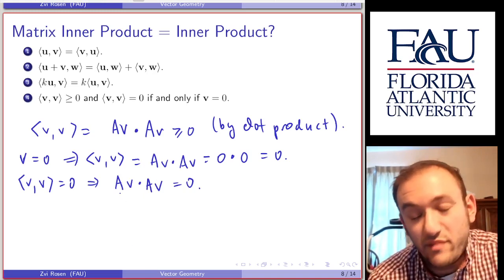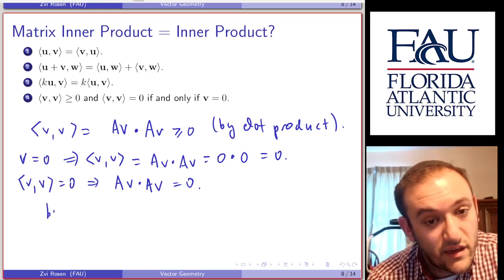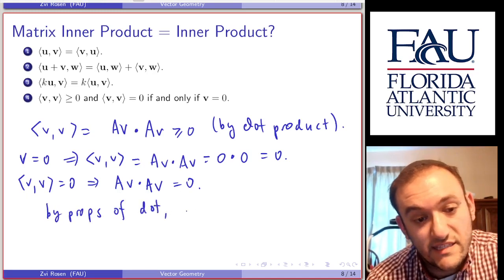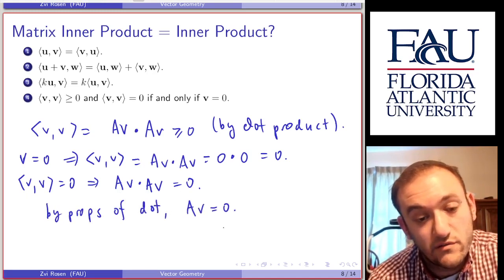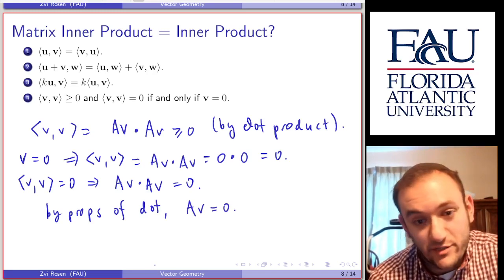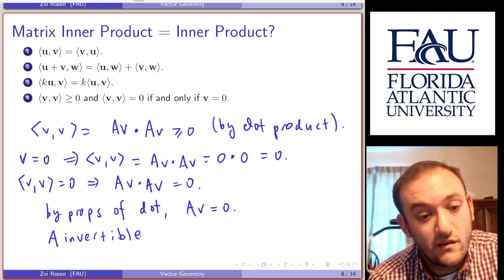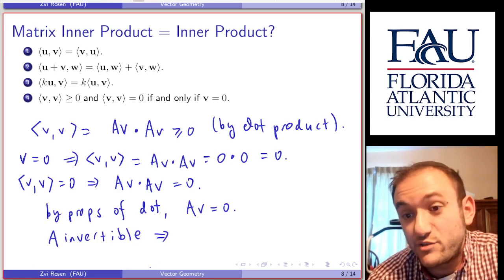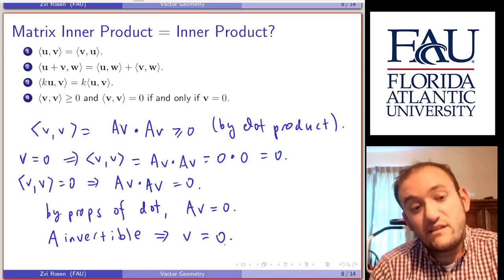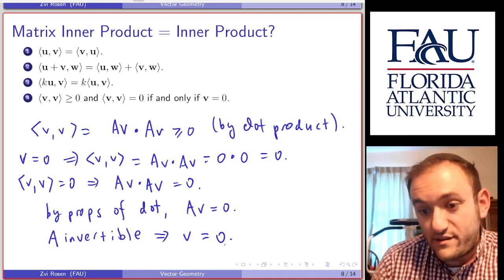But by the properties of the dot product, this means that AV must be equal to 0. And we specified that A has to be an invertible matrix, and an invertible matrix has a trivial kernel, so V must be 0. So that tells me that the inner product is 0 if and only if the vector itself is 0.